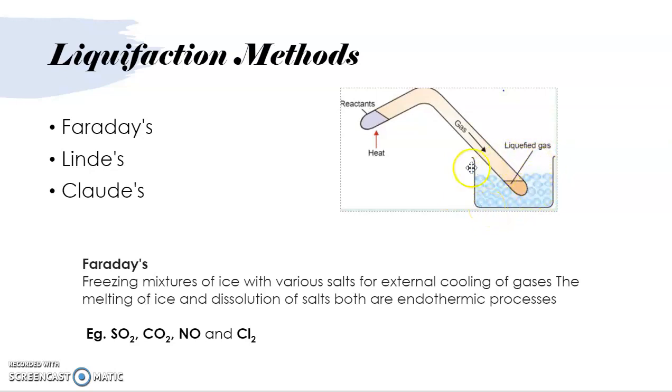So the gas traveling to this side will get cooled and liquefied by the effect of the freezing mixture. You know that the freezing mixture is of ice with salt. So melting of ice into water and dissolution of the salt in the liquefied water are both endothermic processes, and due to this the temperature becomes lower and lower, which aids in the liquefaction of the gas.